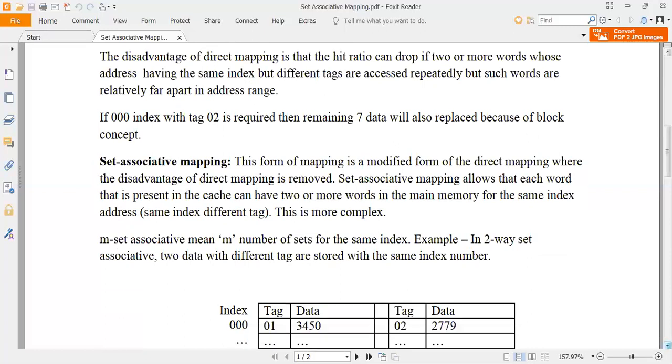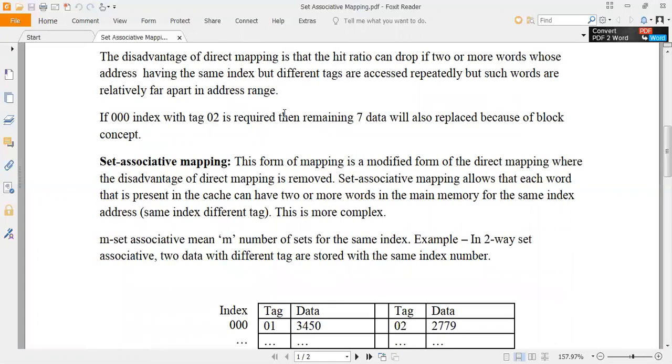Before set associative, I have written the disadvantage of direct mapping: the hit ratio can drop if two or more words having the same index but different tags are accessed repeatedly. If this is the scenario, then the hit ratio will drop.